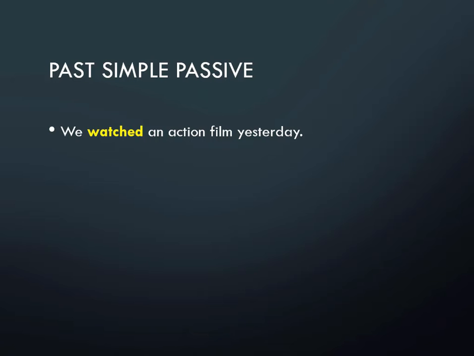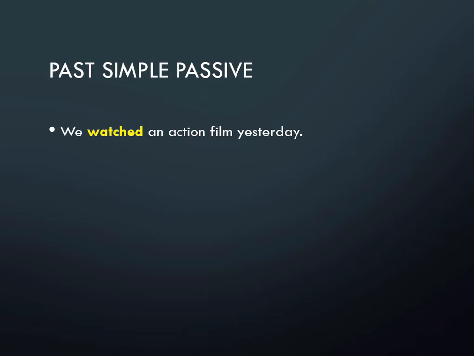As we mentioned before, we should study the structure of the sentence in order to know the parts of this sentence. We have the subject here, which is we, and also the verb watched, and the words an action film are the object in this sentence.